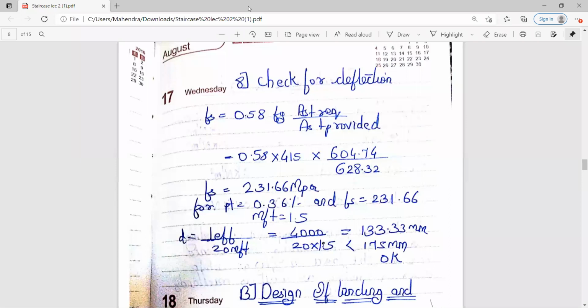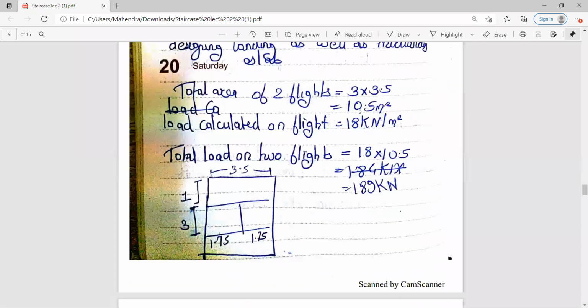So the total load for the two flights is 18 into this 10.5. That is the total area of the two flights multiplied by the load on the flight. Total load is coming to be 189 kilonewton.